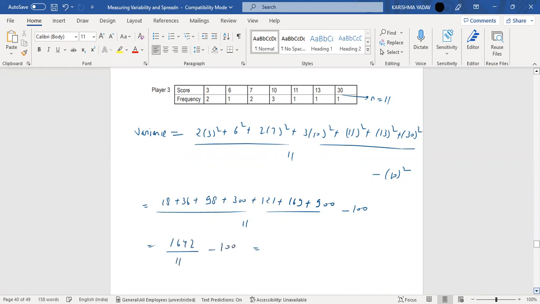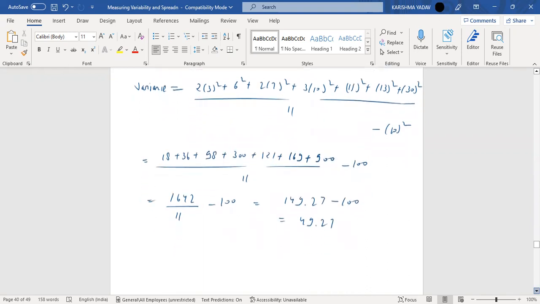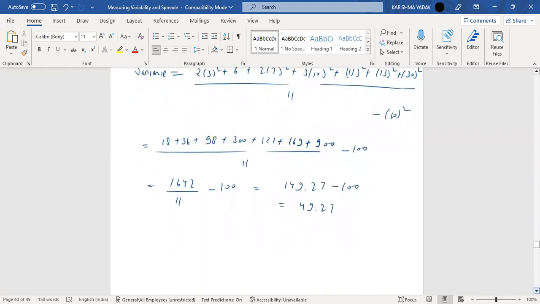When this is divided by 11, we got 149 minus 0.27 minus 100, so that is 49.27. So this is the value for the variance for the third player. What will be the standard deviation this time? That is the root of 49.27, so we got the value for the standard deviation as 7.02.